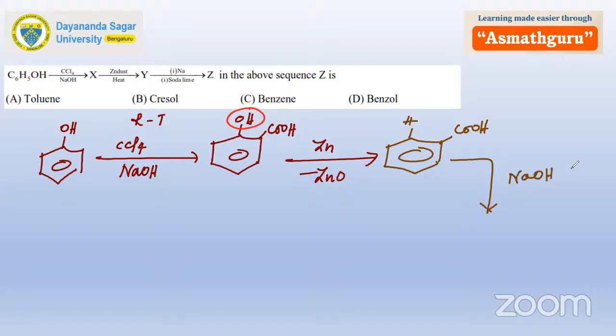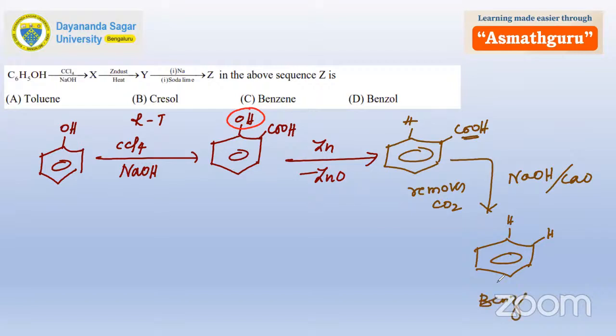A mixture of NaOH and calcium oxide. They remove carbon dioxide, that means CO2. So when they remove carbon dioxide, what is remaining? Again only H is remaining, and that molecule is called benzene. What is the option? Option is 6.